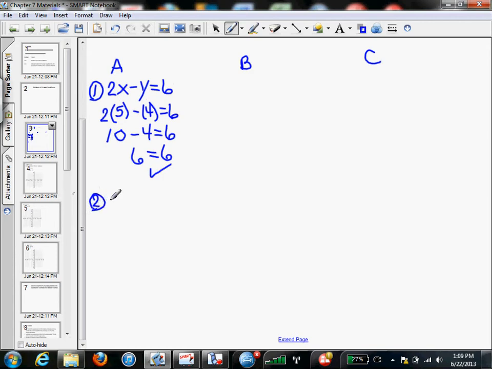And equation 2 is 2x plus y equals 14. Okay, and the coordinate pairs for A are x equals 5 and y equals 4, so we'll plug in where we see an x a 5, and where we see a y, we'll plug in a 4.